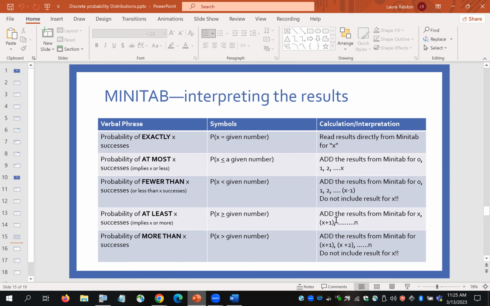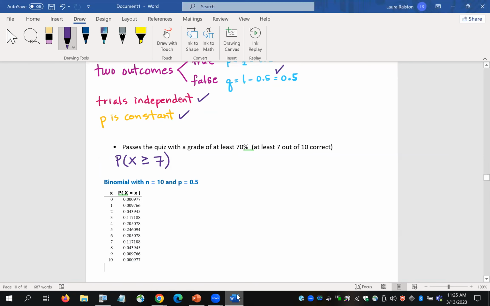So it says, add the results from Minitab for X up to N. So the probability of at least 7, we're going to do 7, 8, 9, and 10.